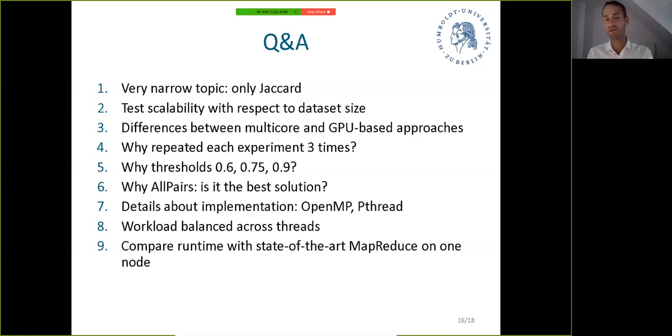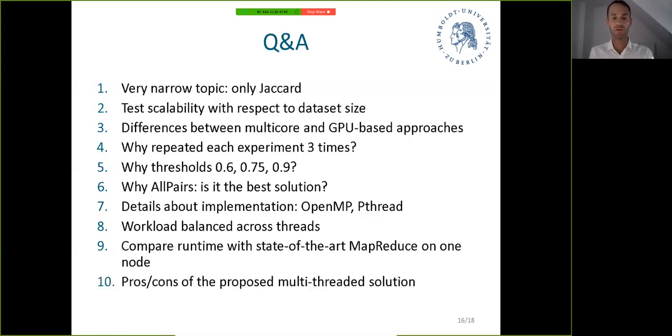And second, I think it's hard to make this comparison fair because on one hand, we use C++ sharing the inverted index amongst several threads, and on the other hand, we have a full-blown Hadoop framework in Java, which cannot share data between the executors. So I think it's hard to make this really comparable.